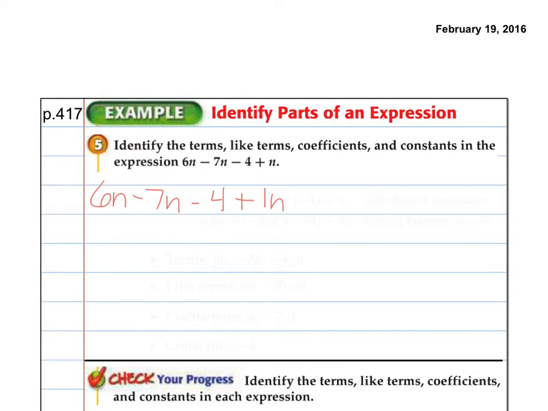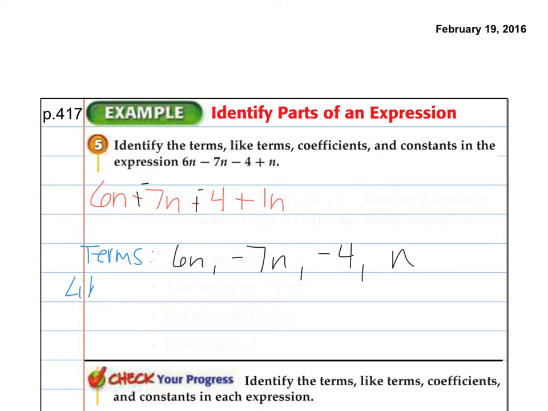So the different terms, if I just start with terms, because it's identifying parts, I break them out. Some people like to change this to addition first. So you might do this by adding the opposite so that you can see that they're all separated. So the different terms are 6n, negative 7n, negative 4, and n.